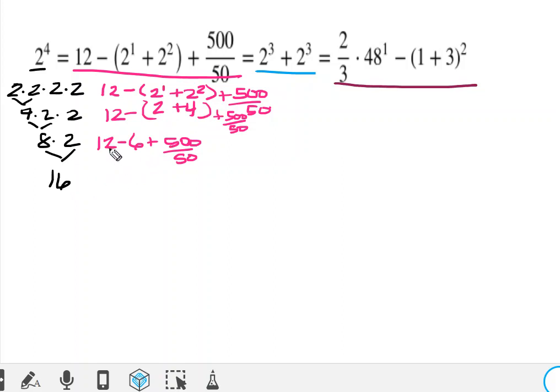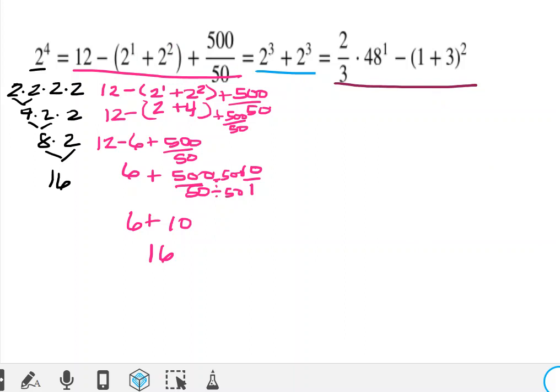We've got 12 minus 6, which is 6, plus 50/50ths. Simplifying 50/50ths, we're going to have 6 plus 1, and that's because we can divide both the top and bottom by 50. This becomes 1, and this is 1. So thus 6 plus 1, and we have 16. So proof. This also is 16, so equivalent.